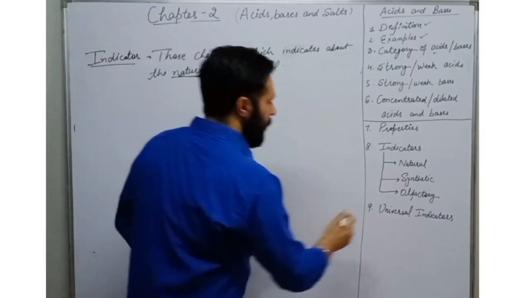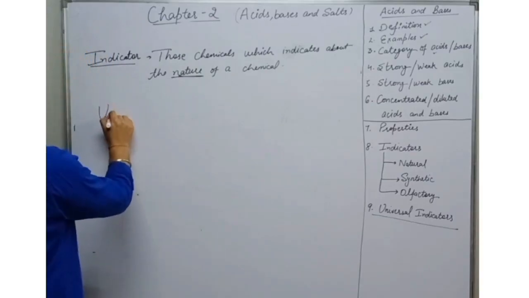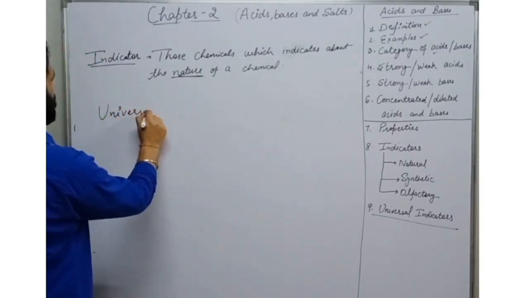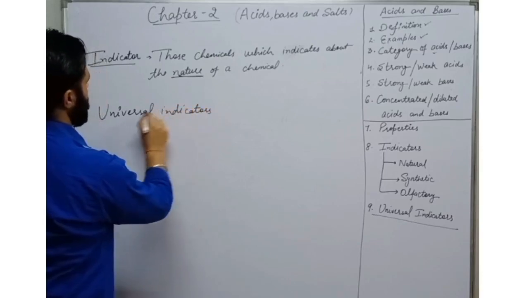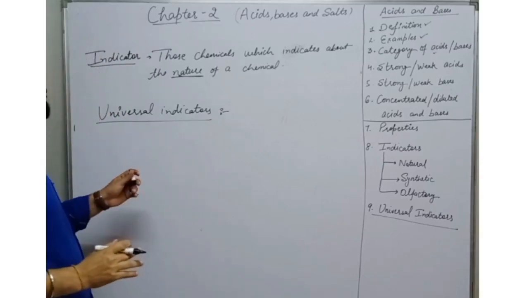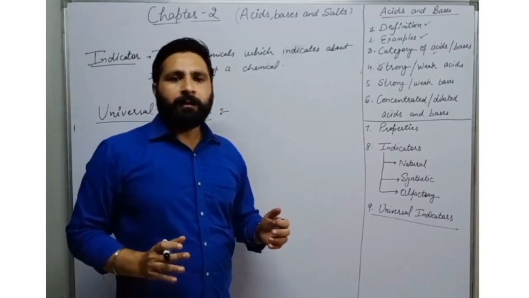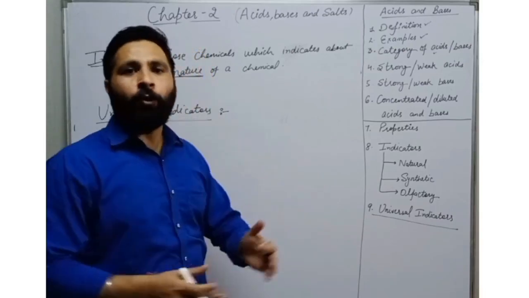Now beta, last topic, universal indicator. Actually, universal indicators are the indicators prepared from above told indicators.